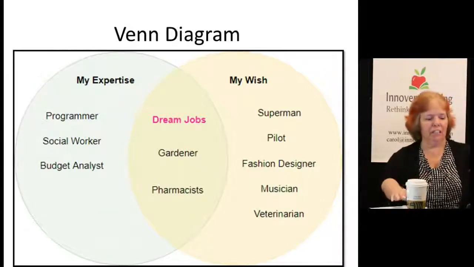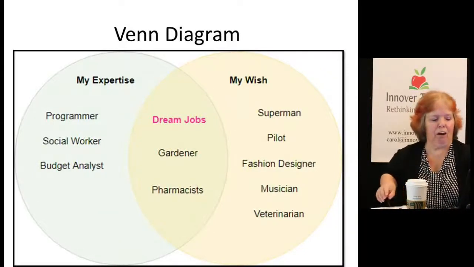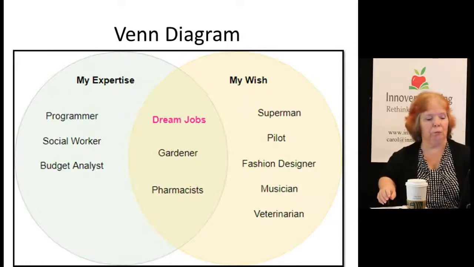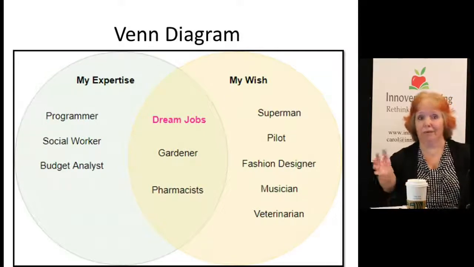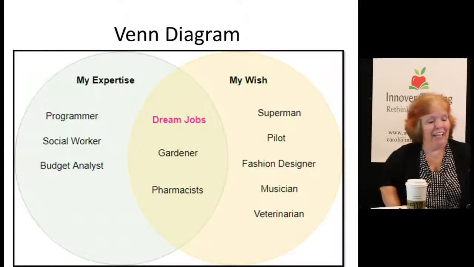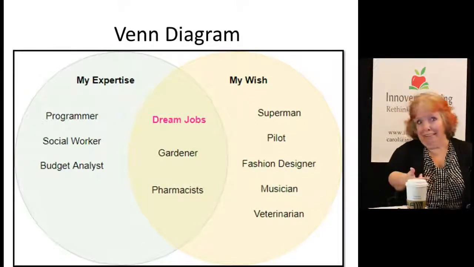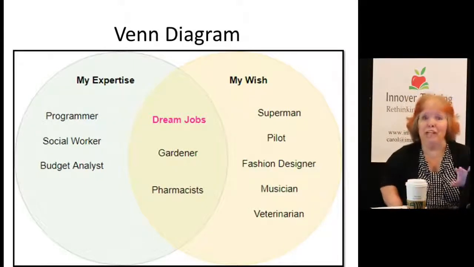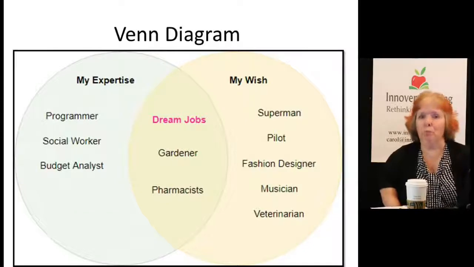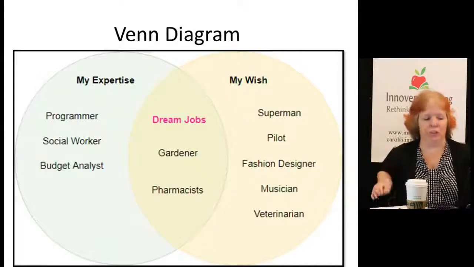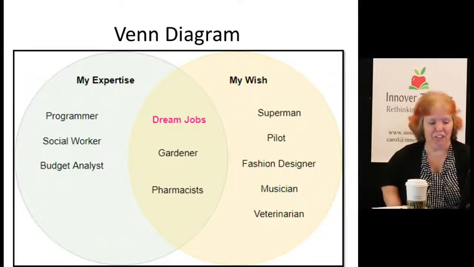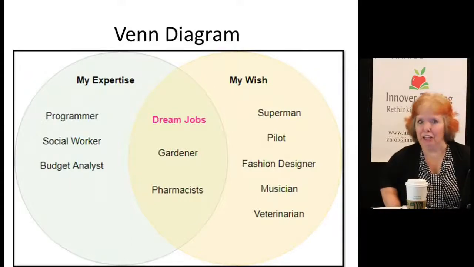So on the left, my expertise are programmer, social worker, budget analysis. Wow, this guy's got a wide range of skills here. And then gardener and pharmacist. I didn't write this, he did. But anyway, his wishes, Superman, these are things he wants to do. Superman, pilot, fashion designer, musician, veterinarian.